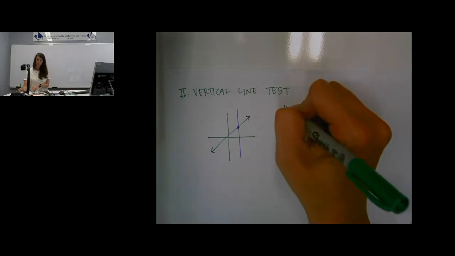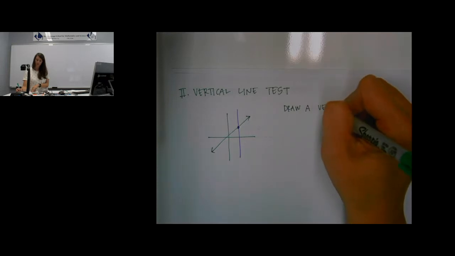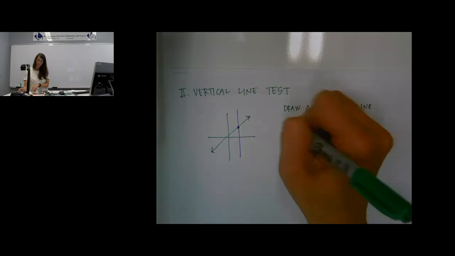So you will draw a vertical line through the graph.